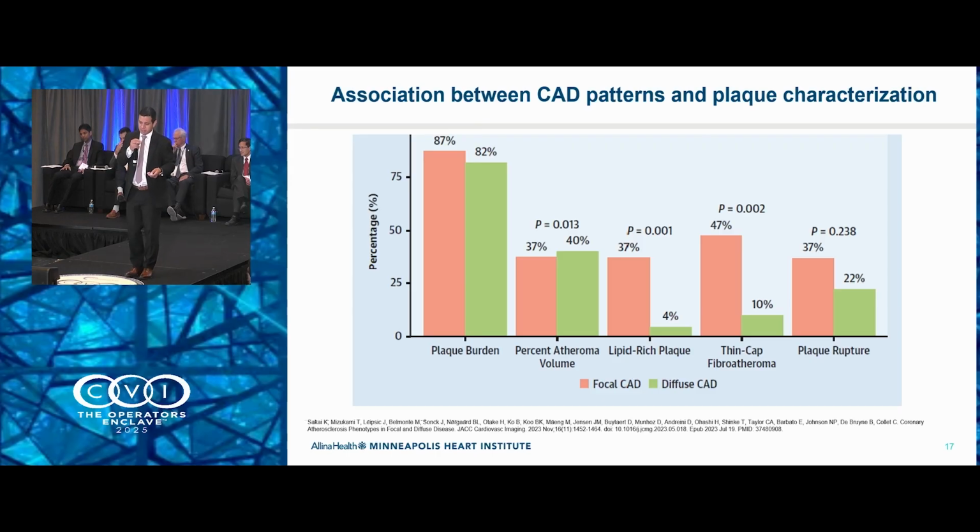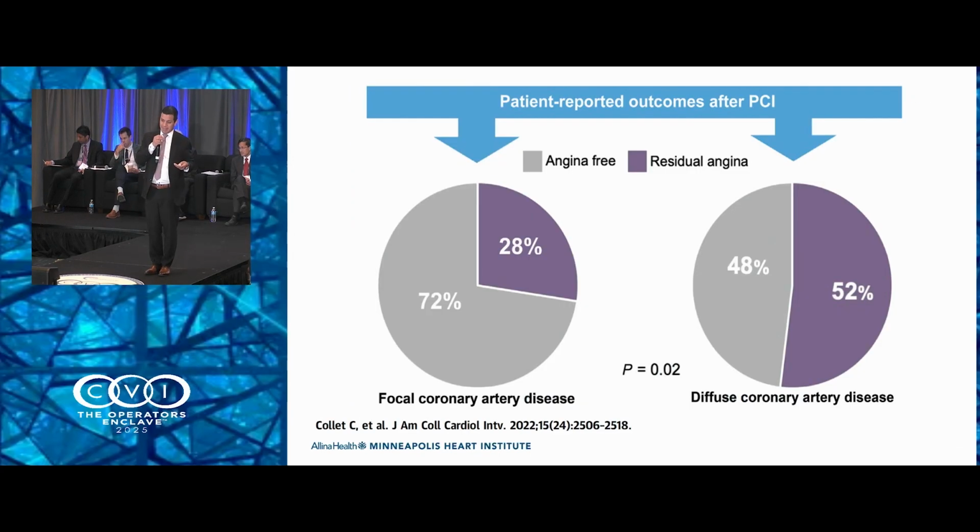There's a number of studies that have looked at this, but again, in general, focal coronary artery disease, as shown here, just has more high-risk plaque features, whether that's plaque rupture, thin cap fibroatheroma, or plaque burden. So now you can see how we're moving from physiology, but tying physiology to plaque.